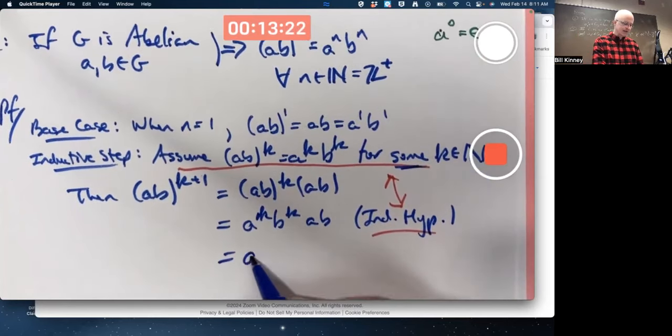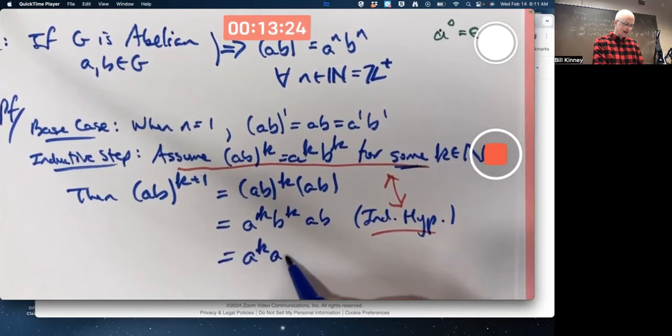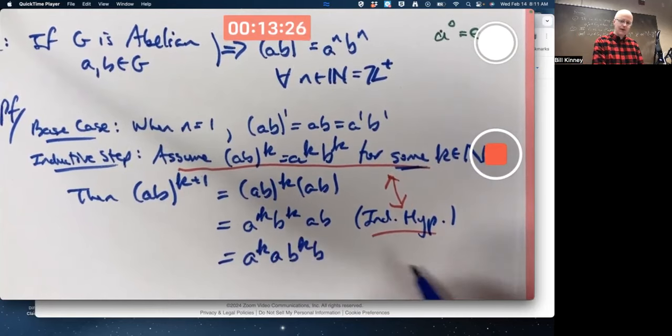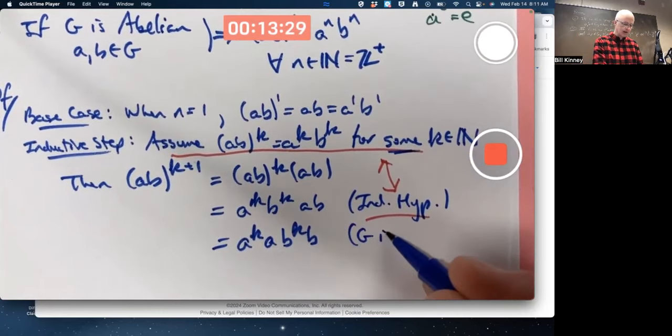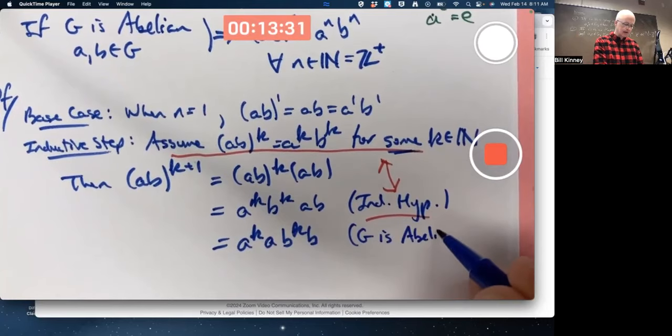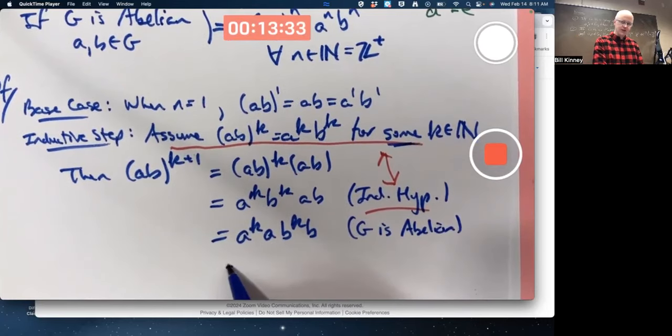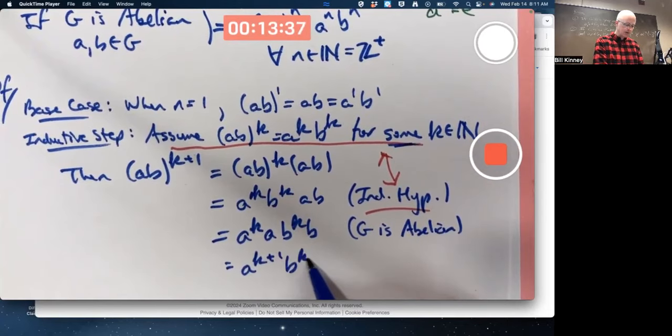Rearrange this. If you want to show an extra step, you could do that. G is abelian. And by definition, that's a^(k+1) times b^(k+1).